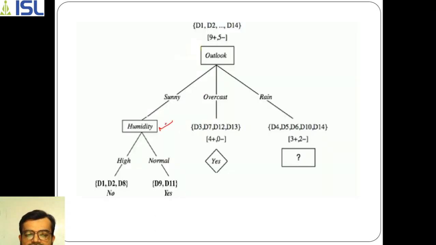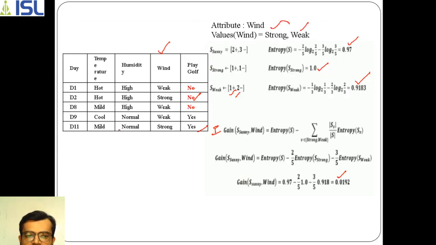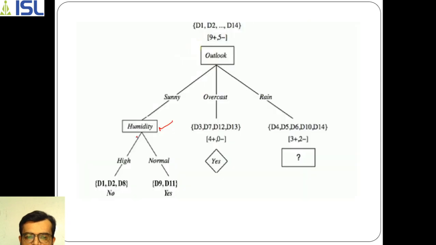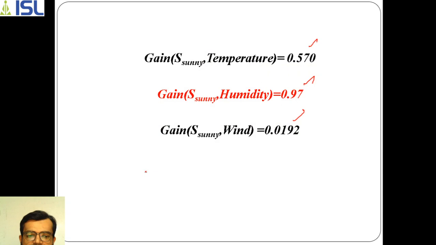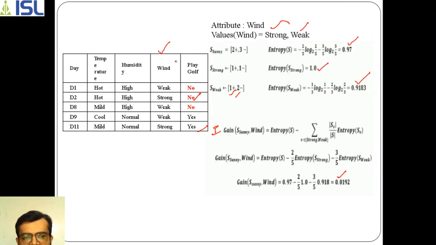Now if you go for humidity, what are the values here? High and normal, only 2 values are there. High is available in D1, D2, D8, and normal is available in D9 and D11.